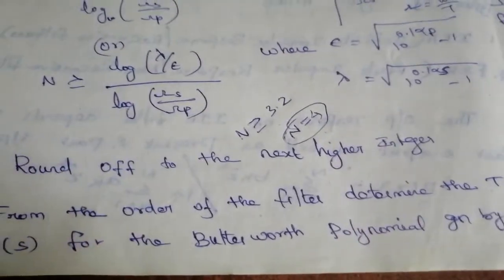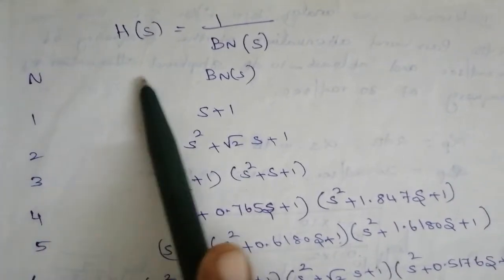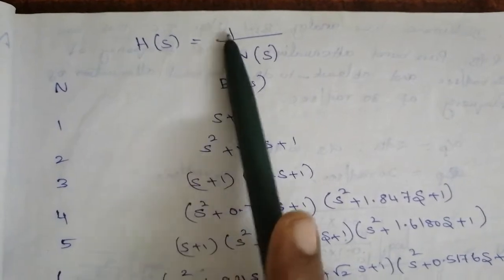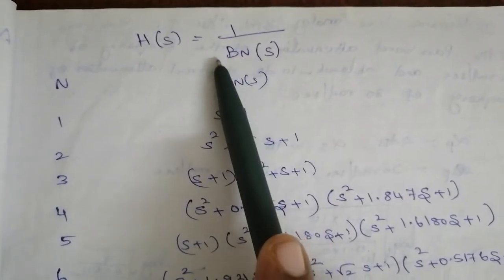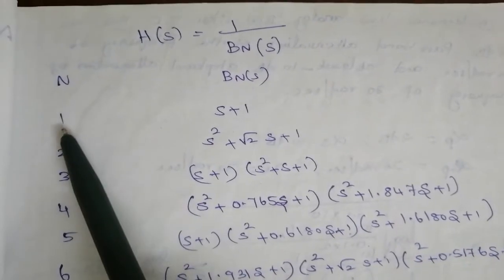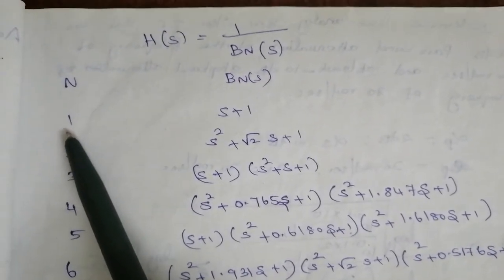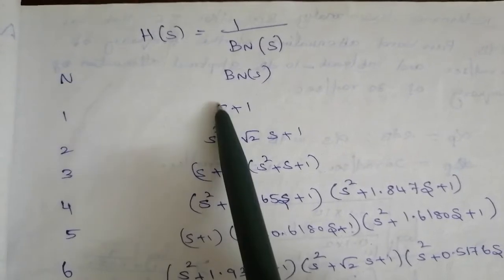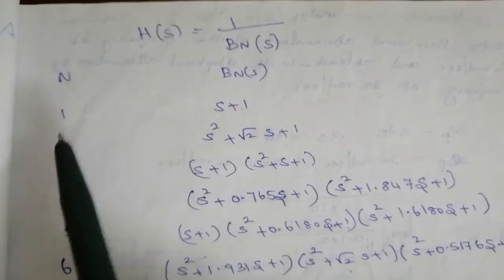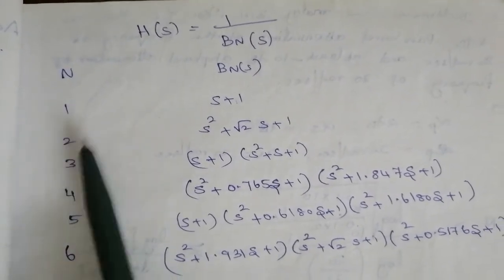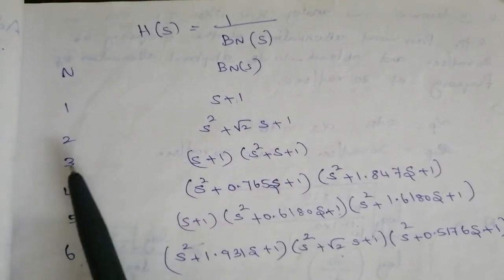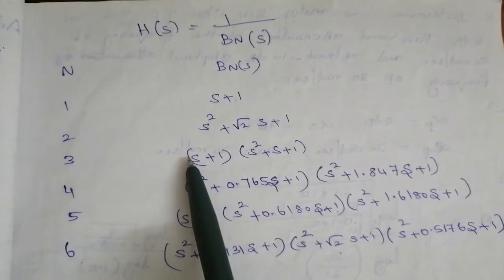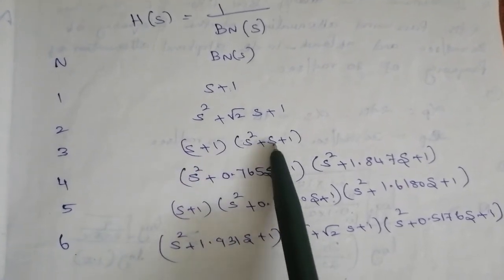So this is the polynomial equation: H of s equal to 1 divided by Pn of s. Pn of s is nothing but the polynomial of order of the filter. If order of the filter is 1, the Butterworth polynomial is s plus 1. If n, order of the filter, is 2, the polynomial equation is s squared plus root 2 s plus 1. If n equal to 3, then the polynomial is s plus 1 into s squared plus s plus 1.